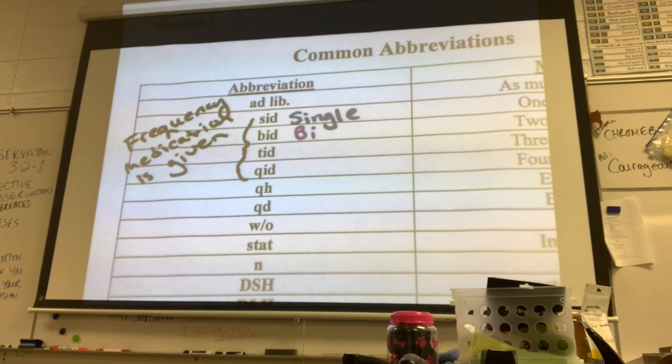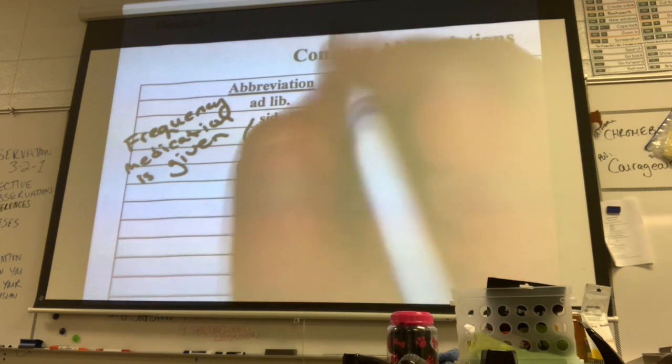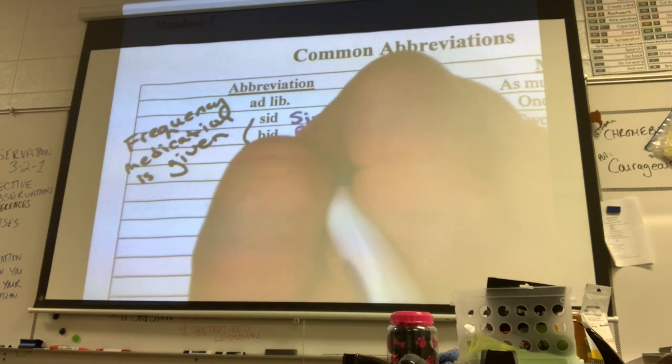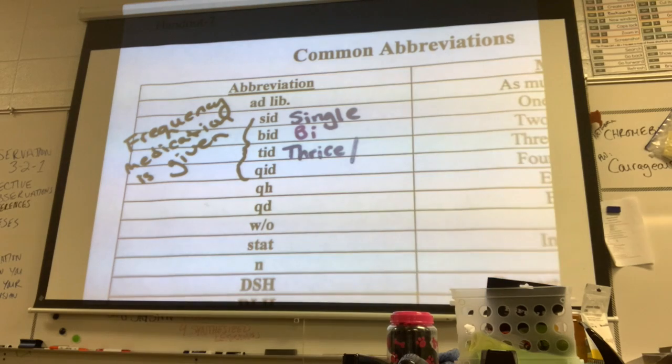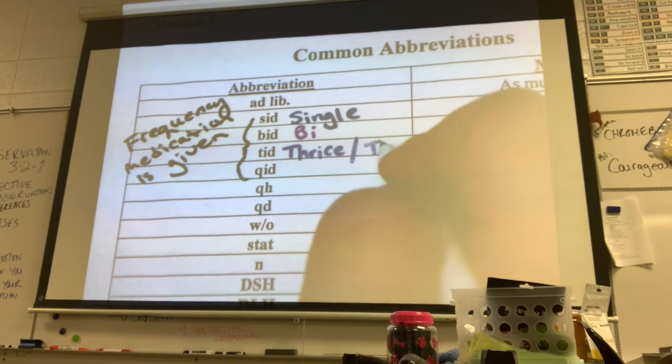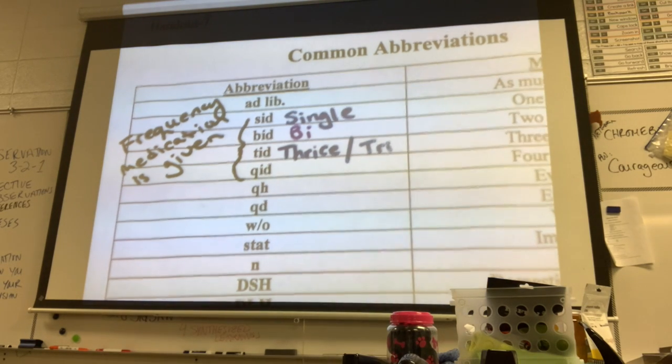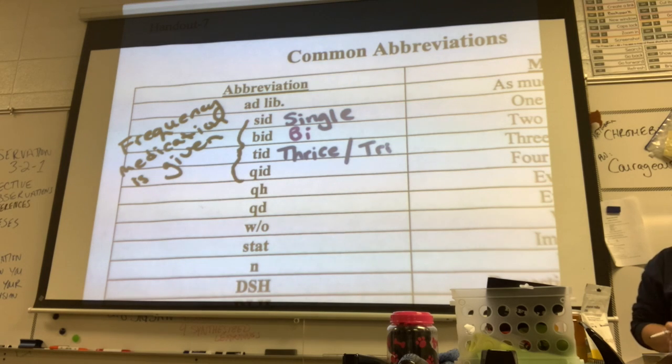Then if I'm T, what number is that going to be? 3. Okay? So I can think of thrice, or I can think of tri. Okay? So I'm talking 3.